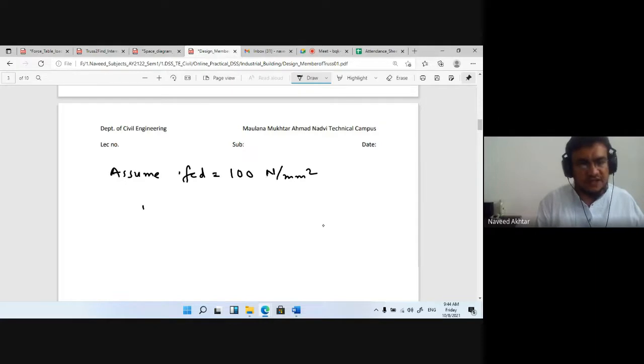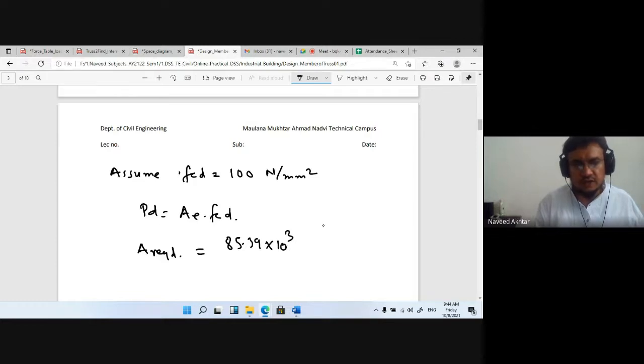You know that Pd is equal to A into fcd. You can find out the area required is equal to Pd upon fcd, that is factored load 85.39 into 10 raised to 3 Newton, divided by fcd. You assume 100.